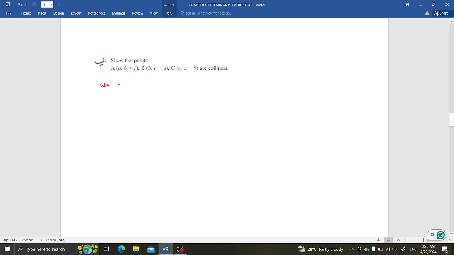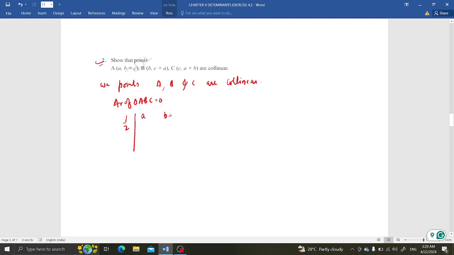If points A, B, and C are collinear, then the area of triangle ABC has to be 0. If the area of the triangle has to be 0, it means 1 by 2, the points we have. I'll write here. Wait.